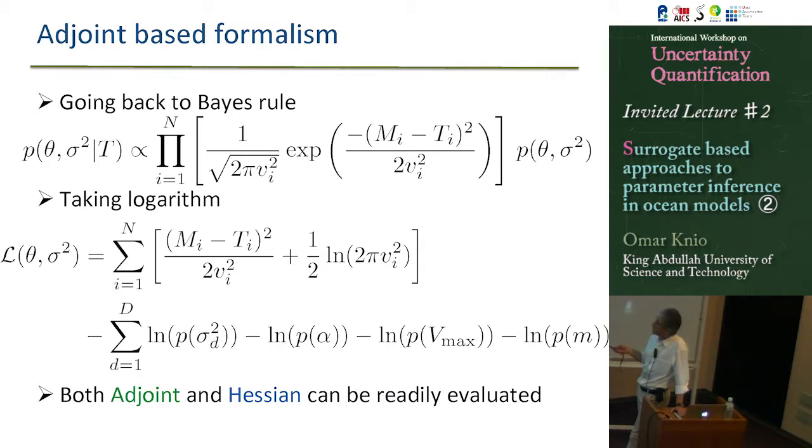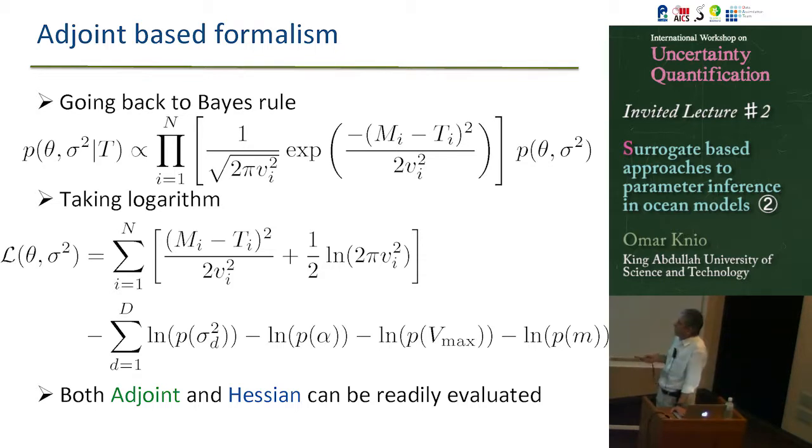If I express it this way, assuming my prior remains flat, which simplifies life, and taking the logarithm, this is what I have. So this is the log likelihood.